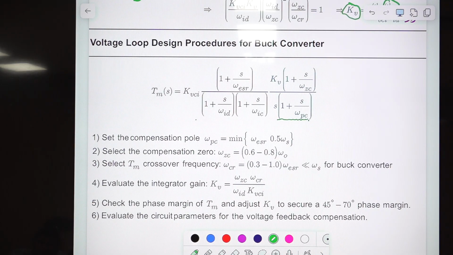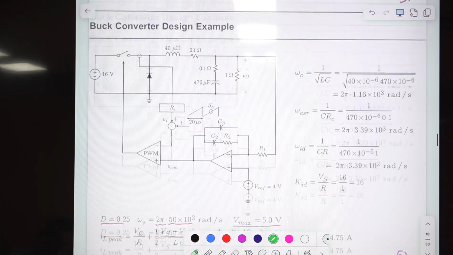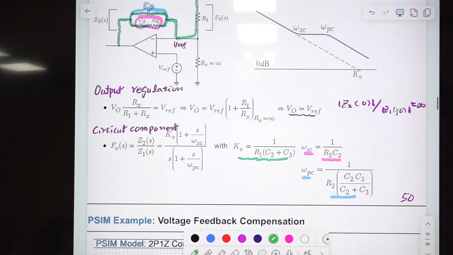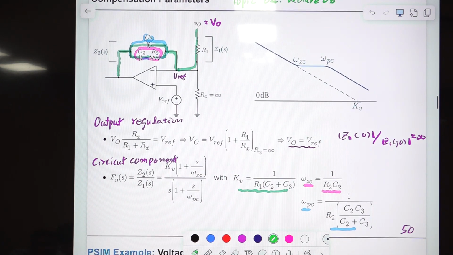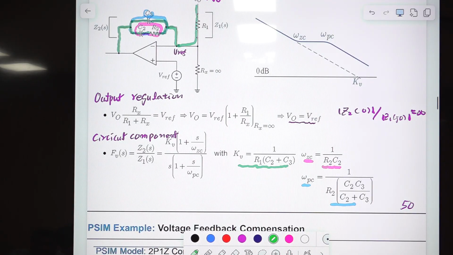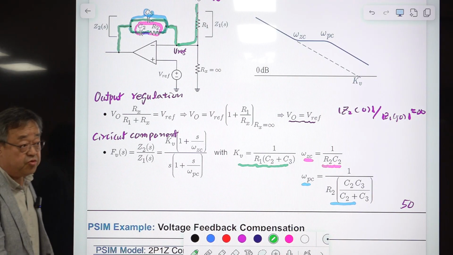And evaluate the circuit parameters of the voltage feedback compensation, based on the equation we had here, right? There are 4 variables to select, and you have only 3 equations. Then select one arbitrarily, maybe 10K is a good number.